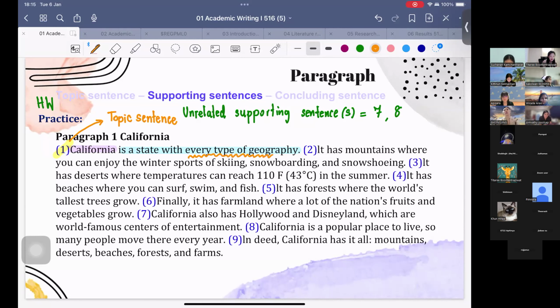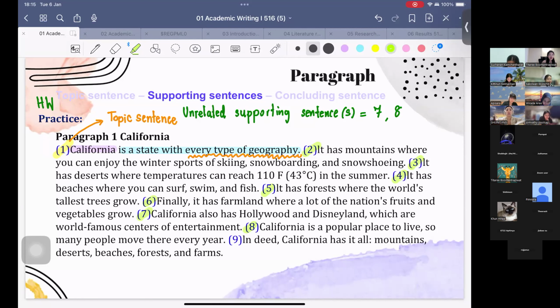And you will see that the details inside, sentences 2 to 8, would be the supporting sentences, which provide details of every type of geography.